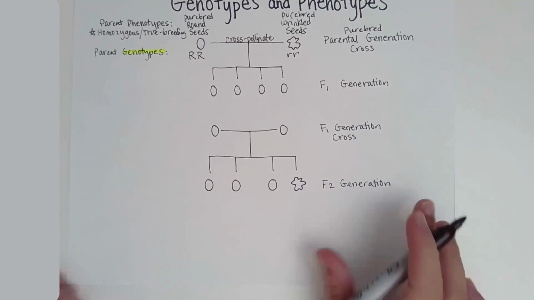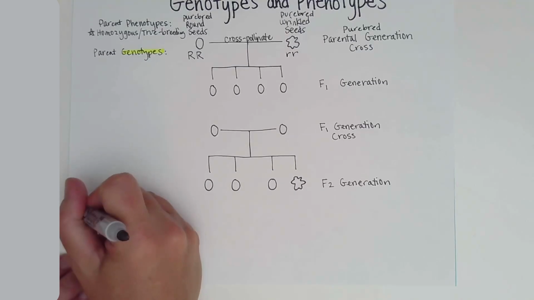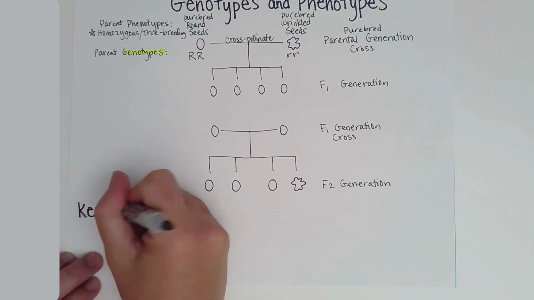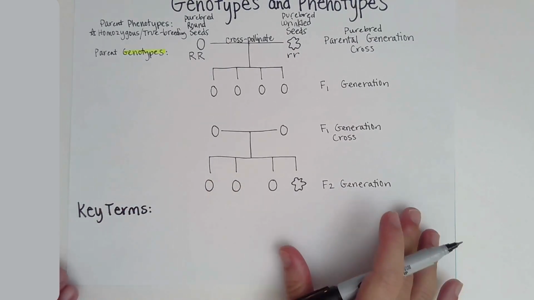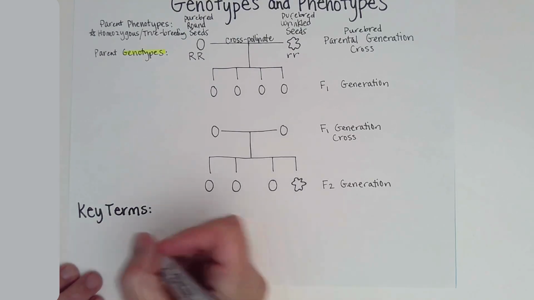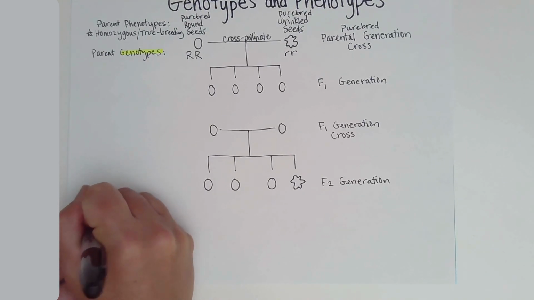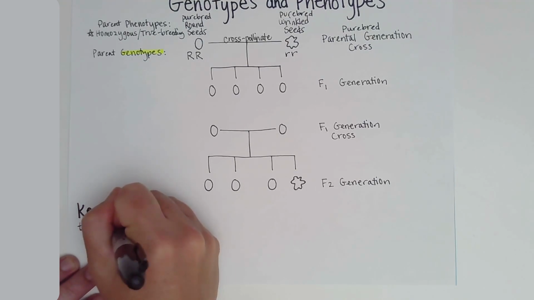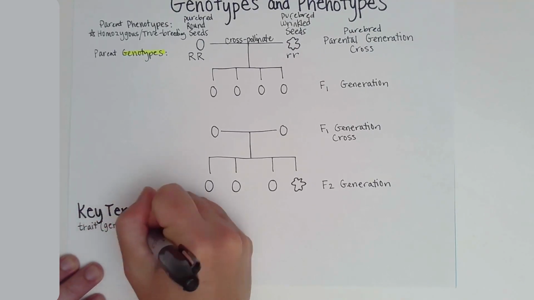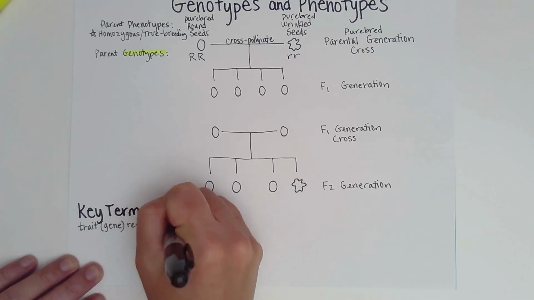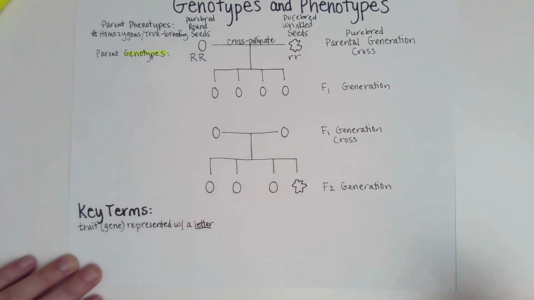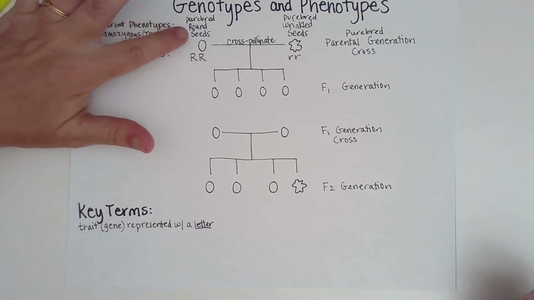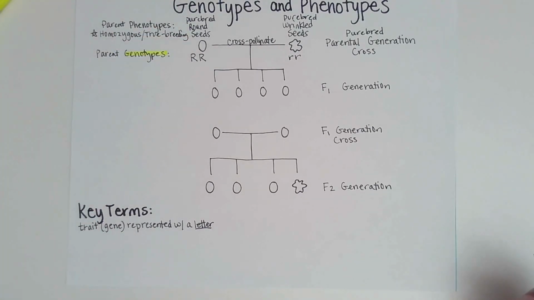So I'm going to actually start down here some key terms for this page. We'll continue adding to that because we've been doing that on the previous pages too. So we're going to say that a trait or a gene is represented with a letter. And then you can pick really whatever letter you want, but we tend to pick the letter of the dominant form of the trait, which in this case is round seeds.